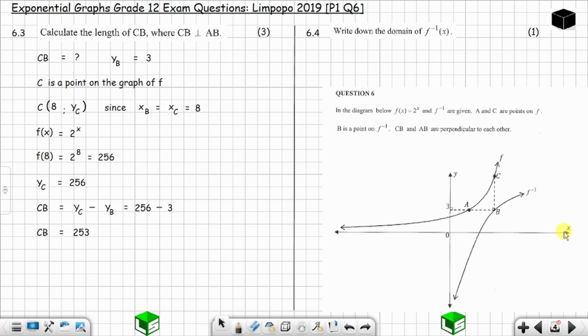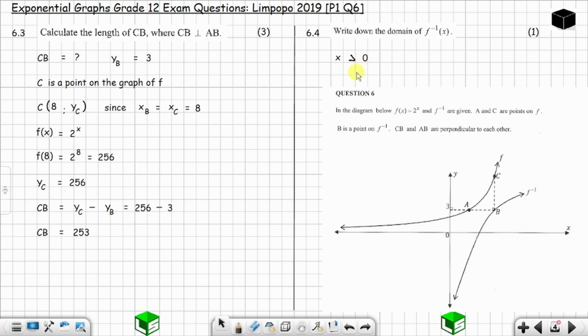You can see this graph exists from 0 to positive infinity. The graph still continues. So from 0 to positive infinity, this graph exists. So the domain will be x greater than 0, from 0 to positive infinity.